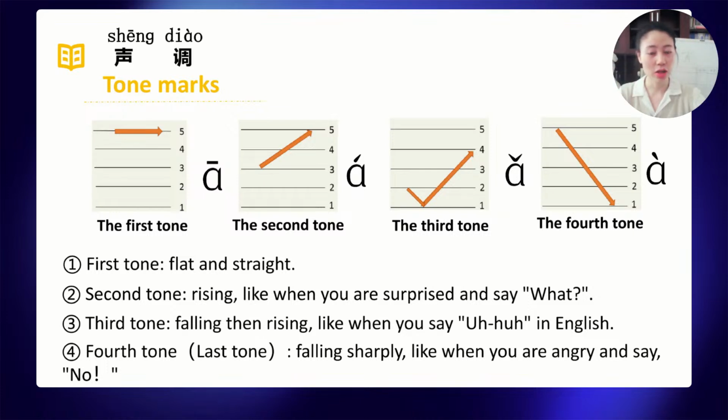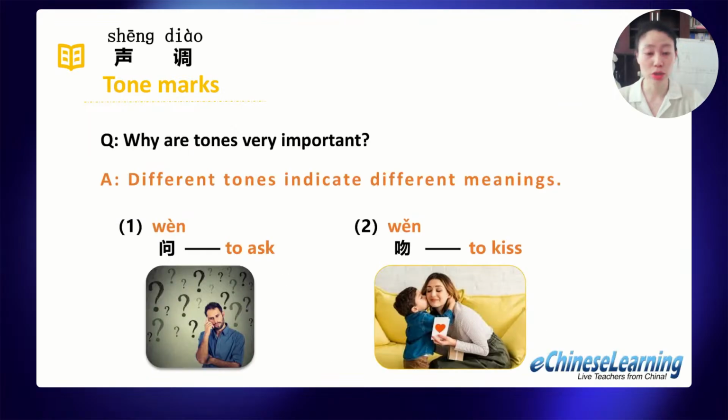The last tone, the fourth tone, we're going to say like this. Okay, that would be the knowledge for these four tone marks. Any questions, guys? If you don't have any questions, I'm going to move to the next part, because we're going to do more practice with these four different tones.